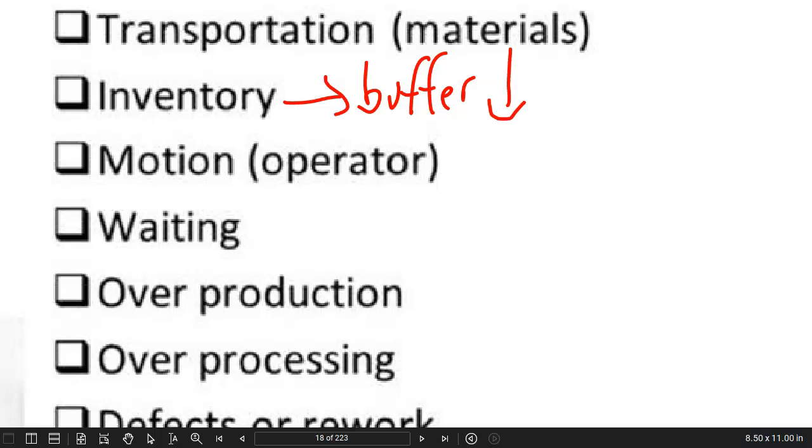So one of the ways to look at inventory waste is if you have too much inventory, what do we need to do to reduce the excess inventory that's on hand?